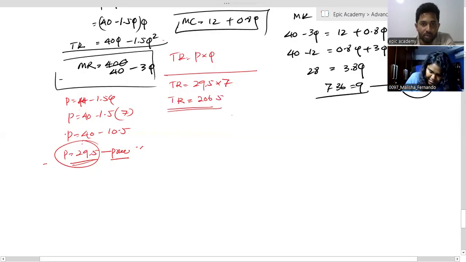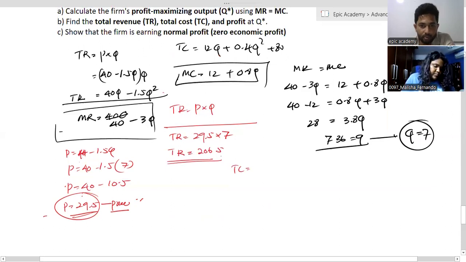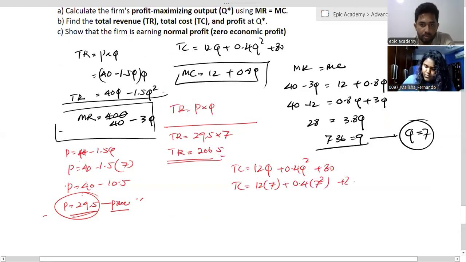So now it is time to calculate the total cost also. Already given as an equation: 12Q plus 0.4Q power 2 plus 80. So total cost is 12 multiplied by 7 plus 0.4 multiplied by 7 power 2 plus 80. So TC equal 12 multiplied by 7, it is 84.